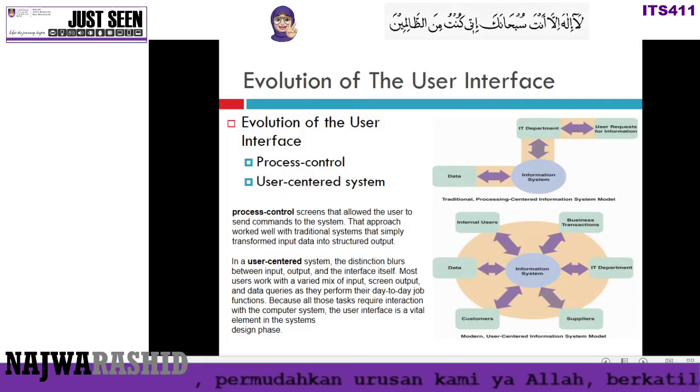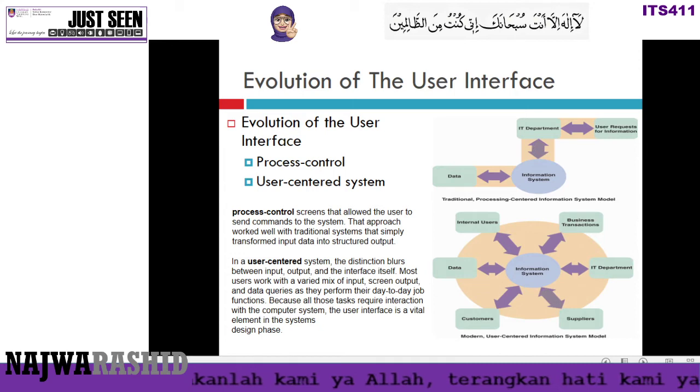Next, we go to the evolution of the user interface. There are 2 models. The first one is the process control model, and the second one is the user-centered system. Under the process control model, the information system only deals with one type of user, which is the IT department.